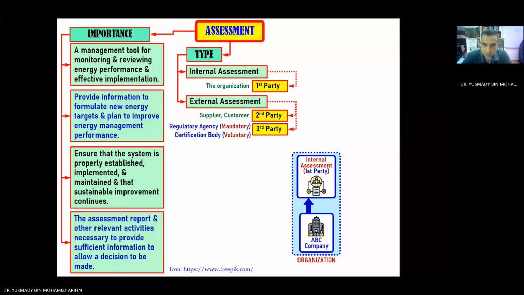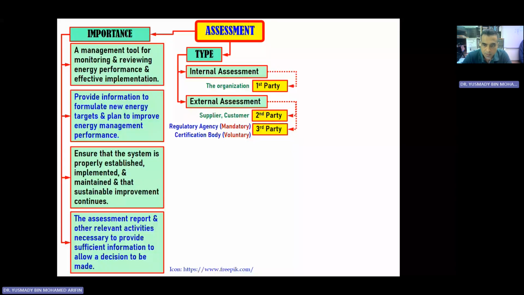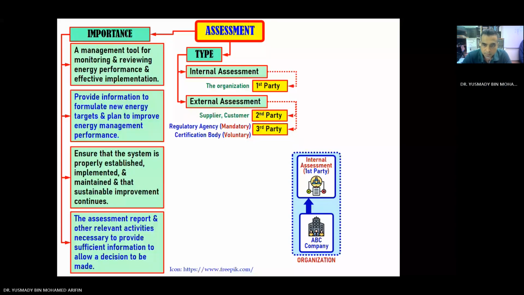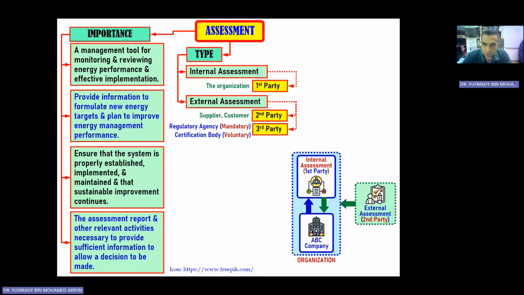Okay, so for example, we have ABC company, considered as the specific organization. This company will conduct an internal assessment, which is referred to as the first party. From the internal assessment, the company will get specific feedback in order to improve the energy performance of the organization. Also, we have external assessment, the second party, which comes from the supplier and also the customer.